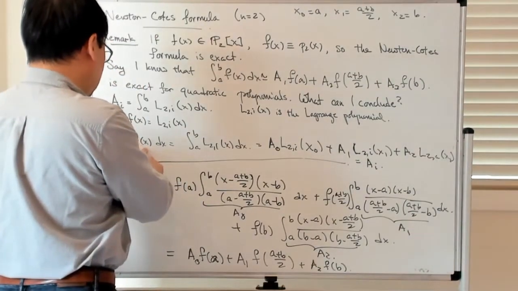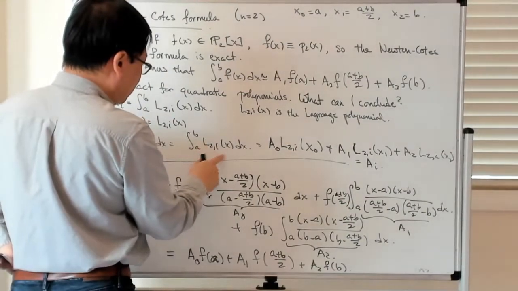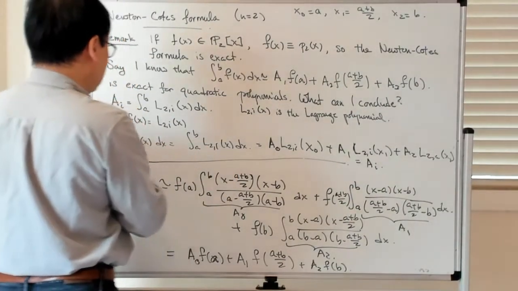So that's telling you that ai is equal to the integral from a to b of L2i of x dx, which is exactly what I had claimed.